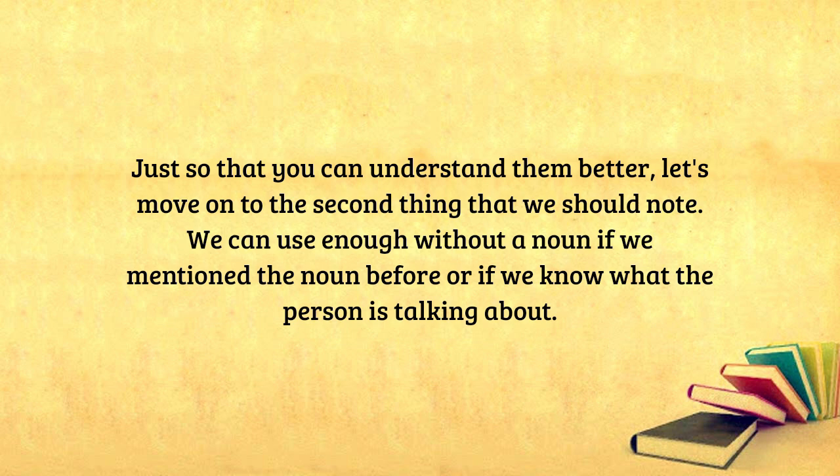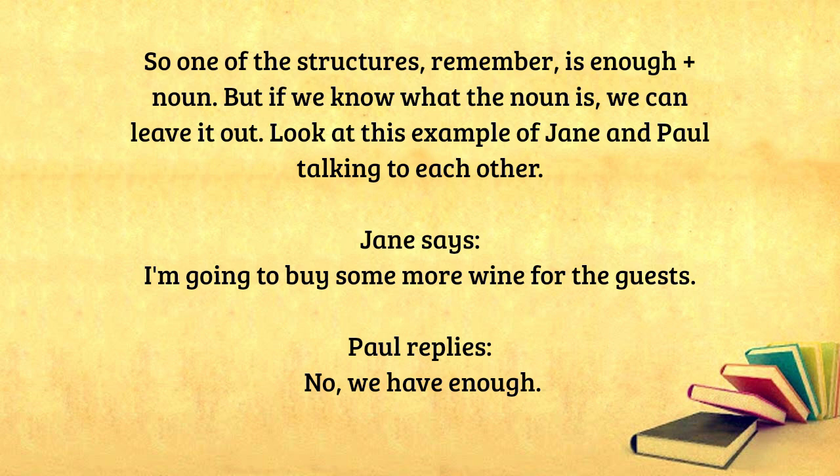Let's move on to the second thing that we should note. We can use enough without a noun if we mention the noun before, or if we know what the person is talking about. So one of the structures, remember, is enough plus noun. But if we know what the noun is, we can leave it out. Look at this example of Jane and Paul talking to each other.